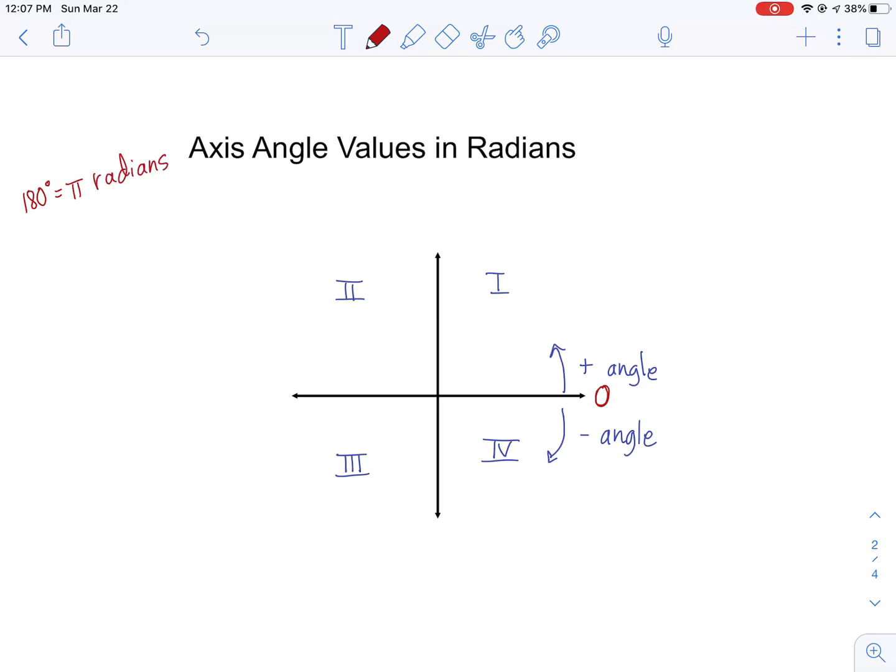So if we think about that, this was 180, the negative x direction, and so that's now pi radians. From 0 to 180 is 0 to pi, doesn't it make sense that the middle piece is pi divided by 2? In other words, pi over 2, or 1/2 pi. So 1/2 pi, or pi over 2, is 90 degrees.